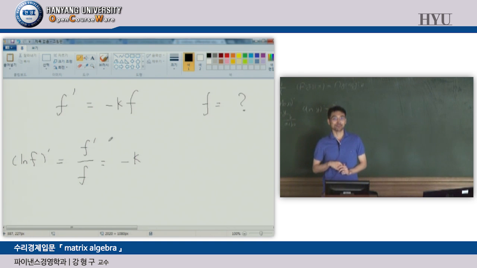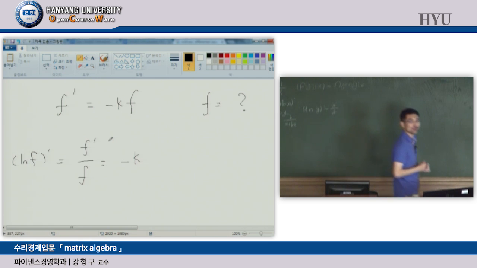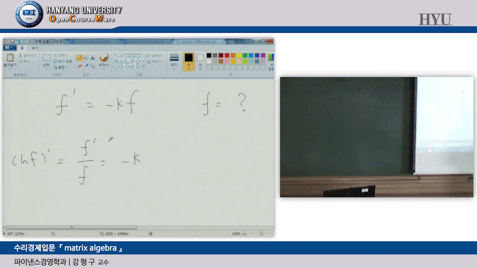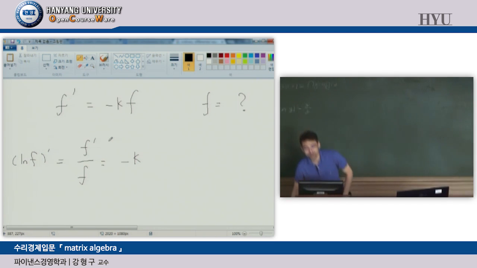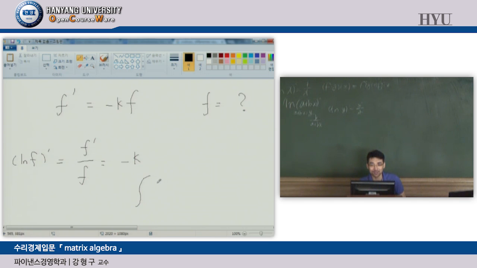It is quiz number 3. We know that if we take the derivative of log f, it becomes f prime over f, because by the chain rule it is 1 over f times f prime. Now it is easy. It is like f prime over f equals minus k. You already learned this in high school. In order to solve this, you can do integration on each side. It is exactly the same as high school: integration on each side.